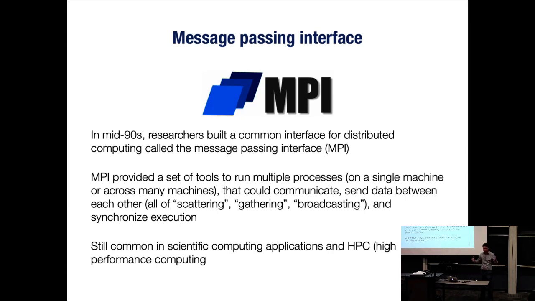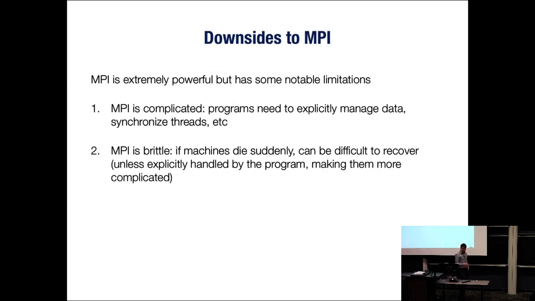So it's kind of nice. It's very, very powerful. You have kind of full control over this entire group of processes, but it's really kind of also a pain to use. I see some nodding from people that have used it before, so that's good. It's extremely powerful, but it's also really kind of cumbersome. And the reason is, the thing that makes it powerful is exactly what makes it complicated.